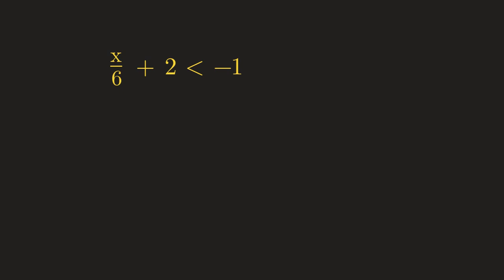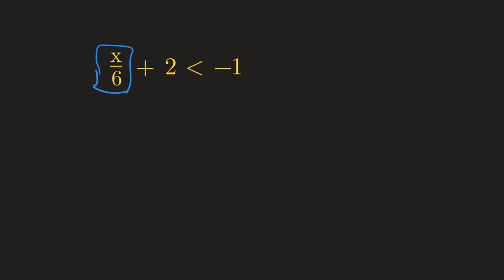X divided by 6 plus 2 is less than negative 1. What are we getting rid of first? Isolate the x over 6.